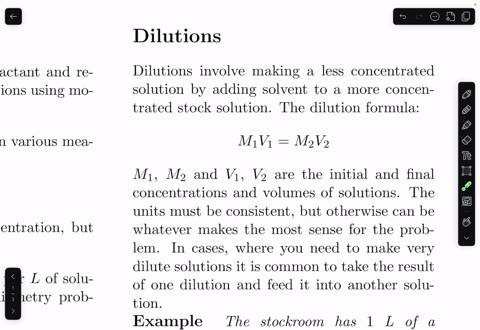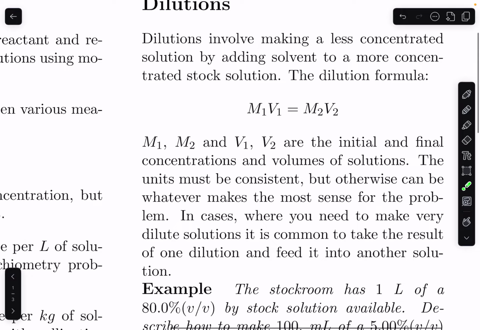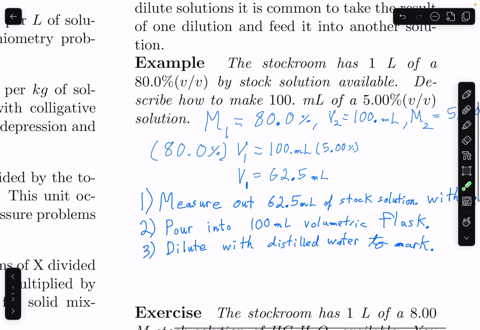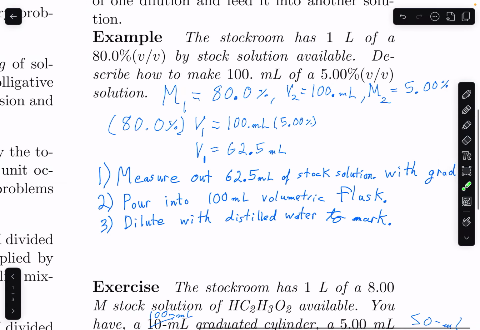These describe the initial and final concentrations. They can be in whatever units make sense for your problem. And then V1 and V2, similarly, are the volumes, initial and final, and they can be in whatever units make sense, but they do need to be consistent throughout your work.